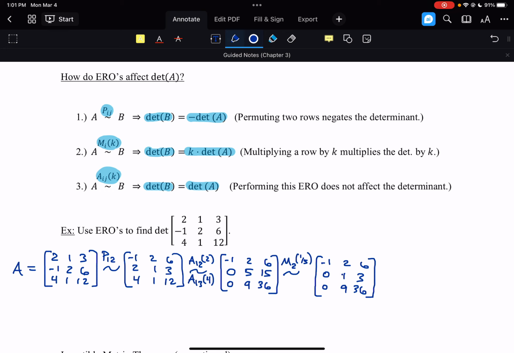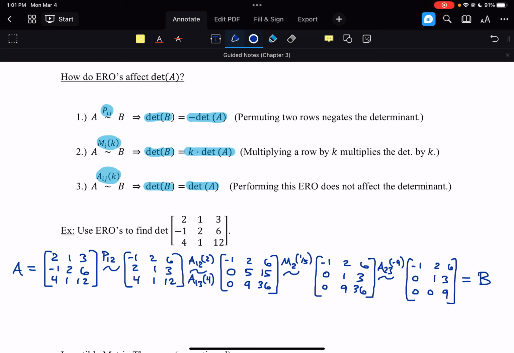And then I'll add the second row to the third times negative 9. And that would be 9. And this would be our matrix B.